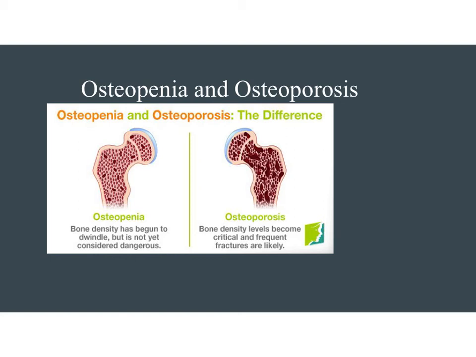So bone density is decreasing, but it's not at a dangerous level yet. Osteoporosis, porosis, so the bones are porous, right? So you can see all of those porous spots. So this is when it becomes critical and people are going to experience more fractures and things like that.